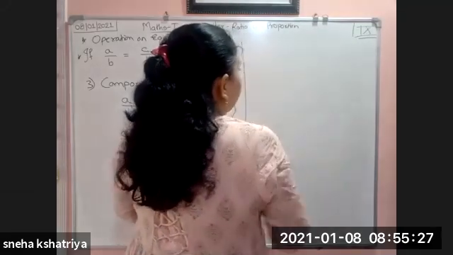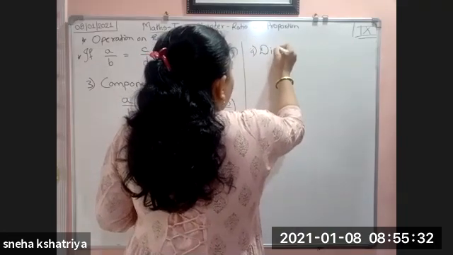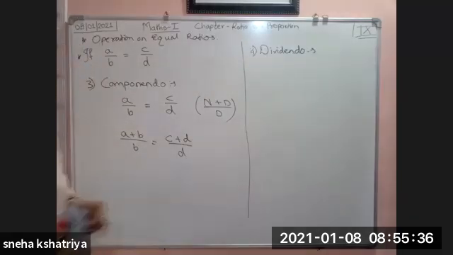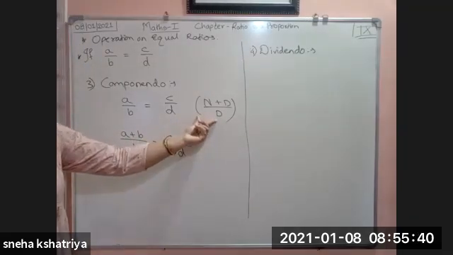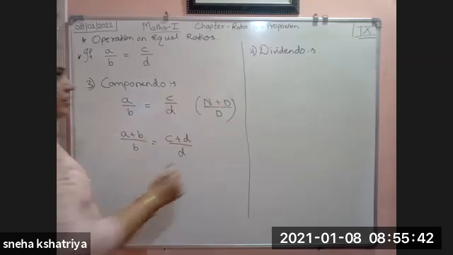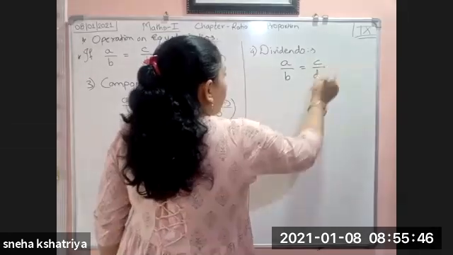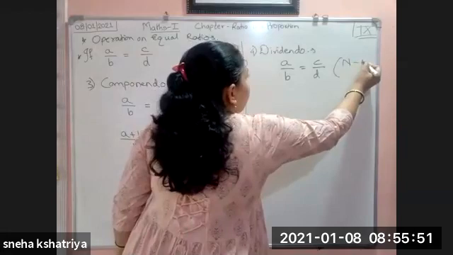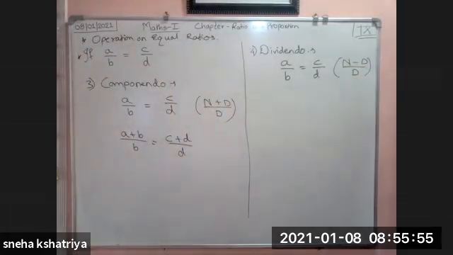The fourth one is dividendo. So what do we have to do in dividendo? As I said, in componendo add them, in dividendo subtract them. If ratios are given A upon B is equal to C upon D, then we will subtract the denominator from the numerator, and we will write it like this, n minus d divided by d.